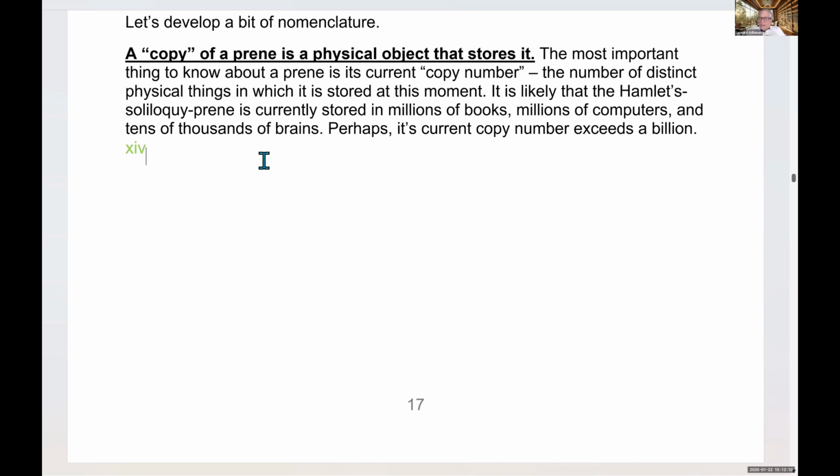What is Hamlet's soliloquy? Well, to humans, we all have a Hamlet's soliloquy preem, which is basically all the things you would point to and say that's Hamlet's soliloquy. You and I may have different Hamlet soliloquy preems.